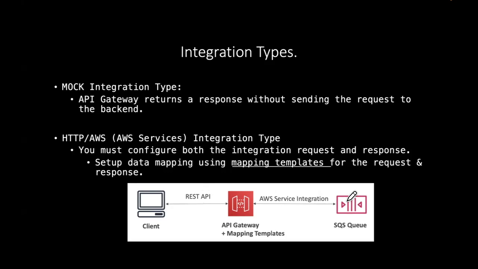That transformation has to be done by API Gateway. And there are mapping templates that you have to write up and attach to your web API. These mapping templates describe how an HTTP request is transformed into a form that is suitable for your backend.